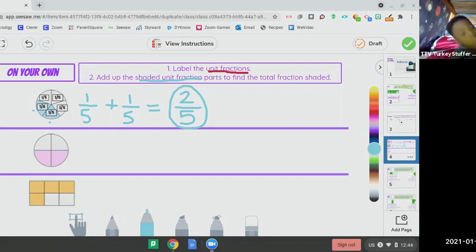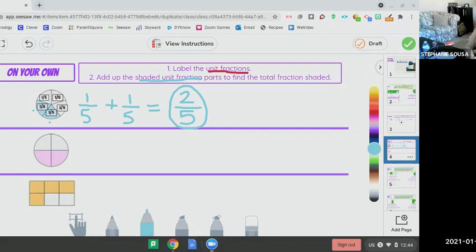Do we always have to label it? If the directions tell you to label it, then yes, you do. That means I am grading that and you will get a point for doing it. There may be examples that do not tell you to label the unit fractions, but these do, so yes, you need to do it. It helps to build our understanding of what a fraction is.